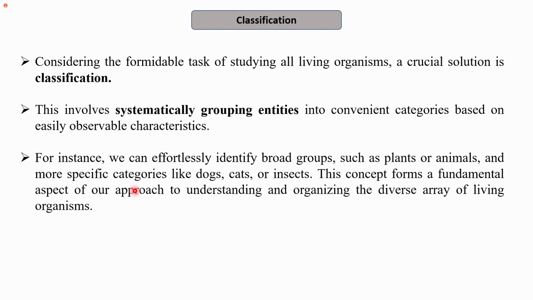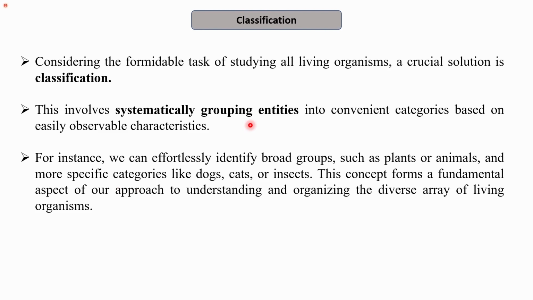For example, we know plants and animals. These are the different groups in which we can classify the organisms: plants, animals, microbes. Microbes, for example, are ones that are visible under the microscope only, not under the naked eye.